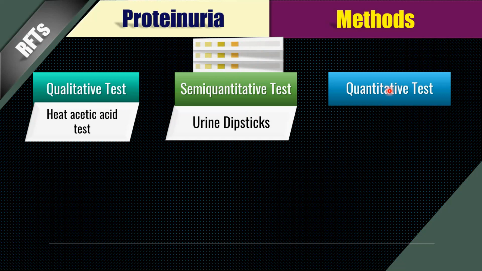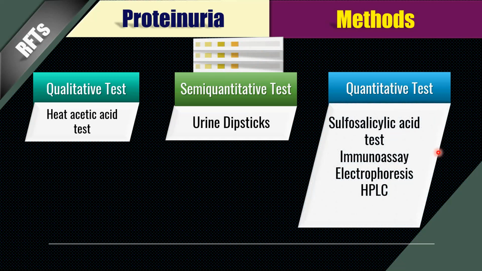Whereas the quantitative test measures an accurate estimation of proteins in the urine. There are several tests like the sulfosalicylic acid test, immunoassay, radioimmunoassay or ELISA, electrophoresis, and high performance liquid chromatography or HPLC. In these quantitative tests, we can estimate the exact amount of proteins present in the urine.